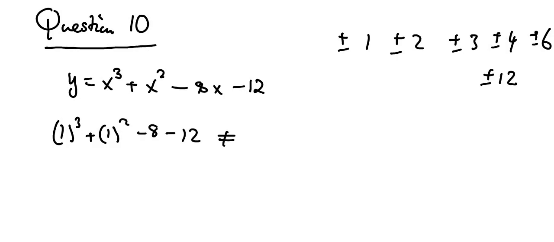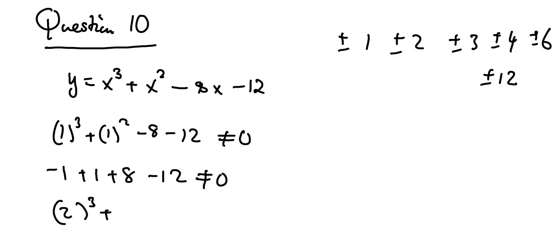-12, you see this is not 0. You try -1, this will be 8, -12, you see this is not 0. I try 2. 2 squared, minus, this is 16, then -12. This is going to be 8 plus 4 minus 28, is it? Also this is going to be 8.